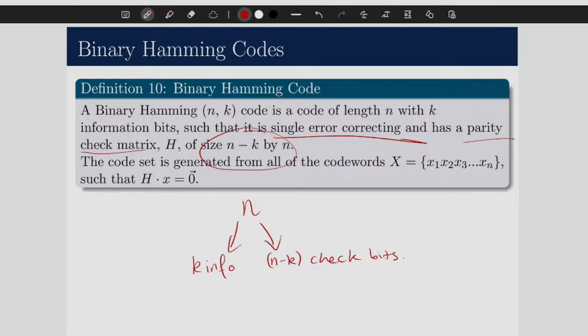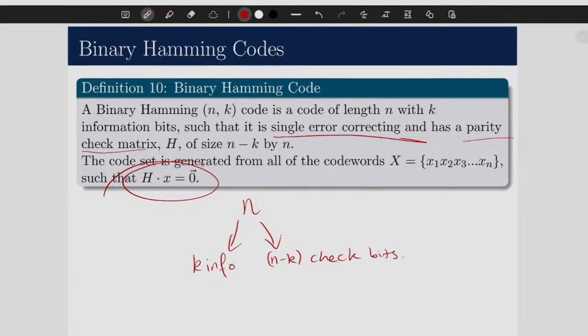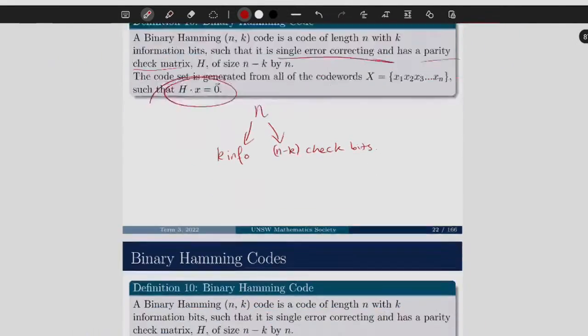And that's determined by this size. I also love binary Hamming codes. Okay, but yeah, a lot of you guys would remember this as not one of our primary questions, but it was definitely a question in our lab test 1, right? And the condition for this matrix is that the matrix times any code word is going to end up with the 0 vector. That is the idea of the parity check matrix, right? And you will see this in practice in a second.